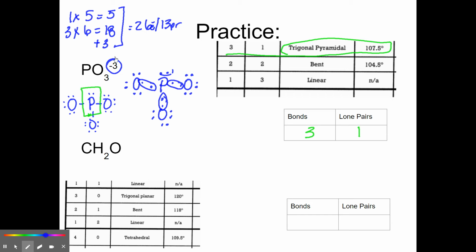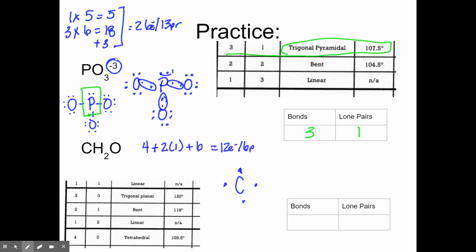Next example is CH2O. So we have carbon that has 4 plus 2 times 1, which is our hydrogen, plus 6 for our oxygen. So we have 12 electrons for 6 pairs. If carbon is present, it's generally in the center.